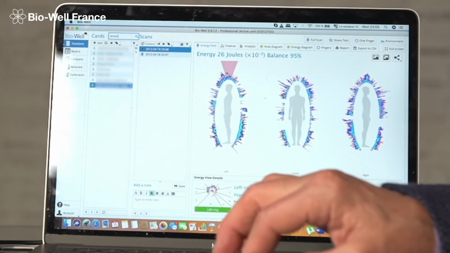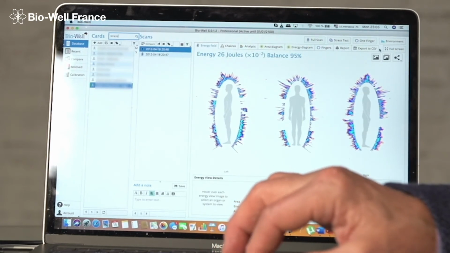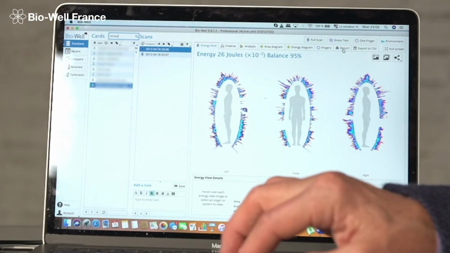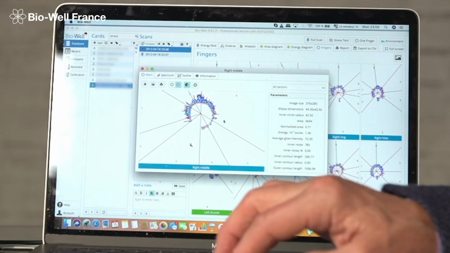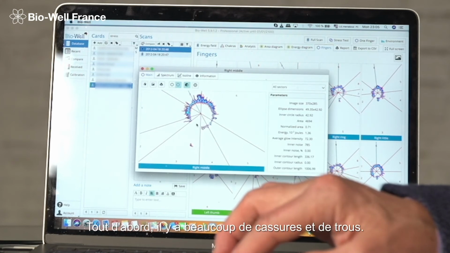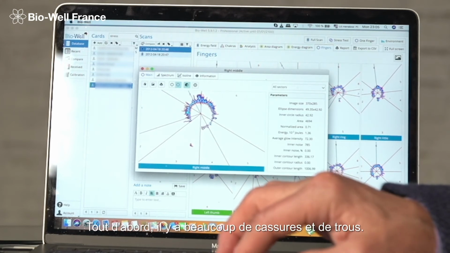And you see that if we look at the images here, fingers, you see they look different. First of all, there are many breaks and holes. Then you see a lot of outbreaks of this kind.